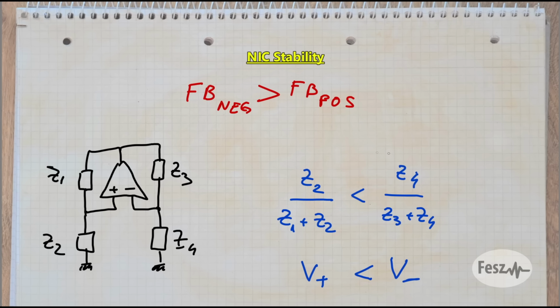This condition needs to be met not just at the frequency of interest, but at every frequency point from DC up to where the op-amp passes its unity bandwidth point. And that is why this is not a simple problem to solve.